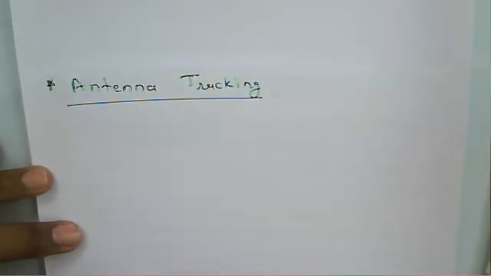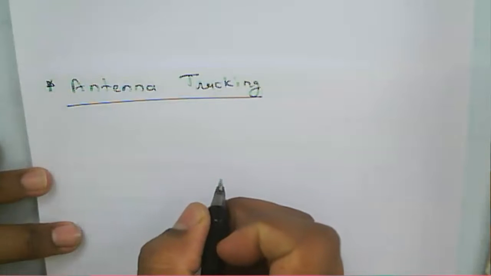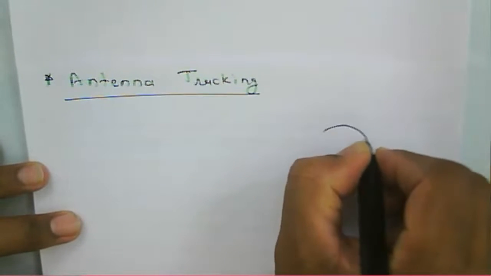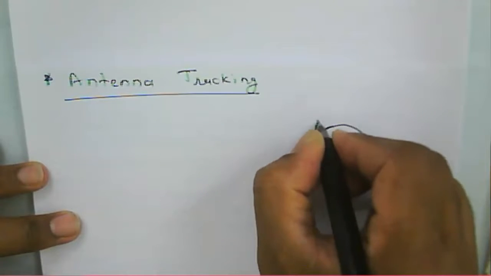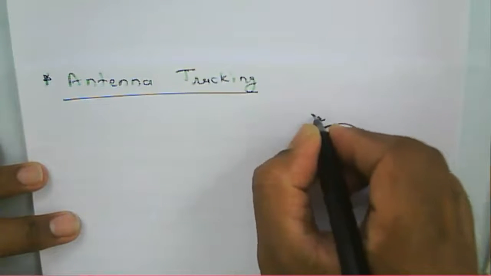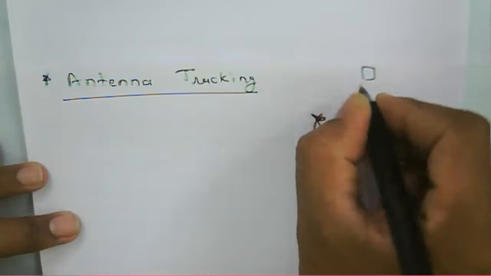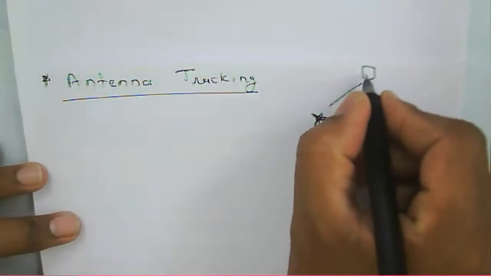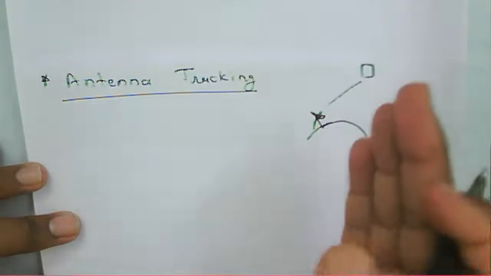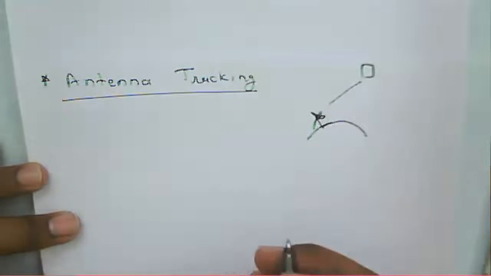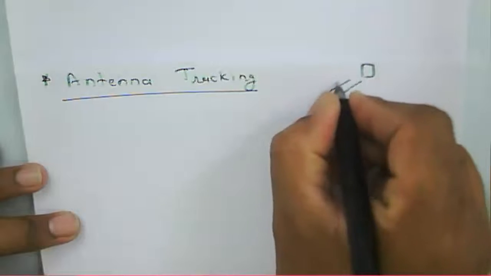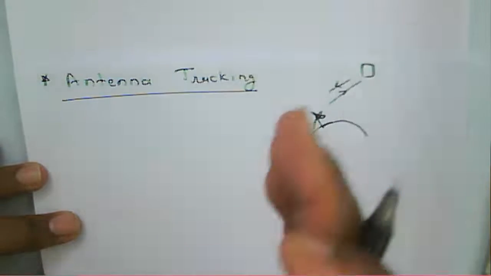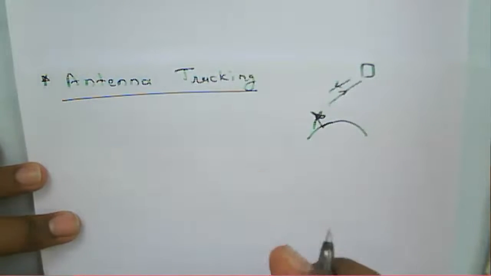Why is this antenna tracking necessary? From the earth station we are transmitting one particular signal to the satellite. When the signal reaches the satellite, the level of the signal, whether higher or lower, tells us whether the satellite is at that particular position or not.